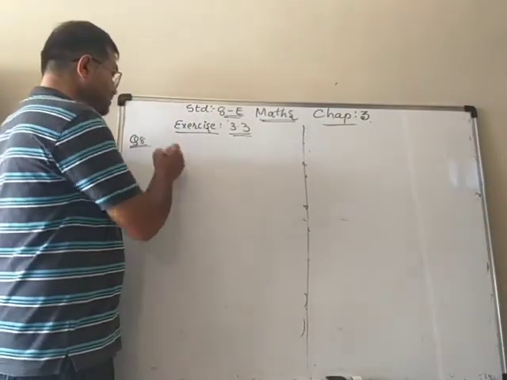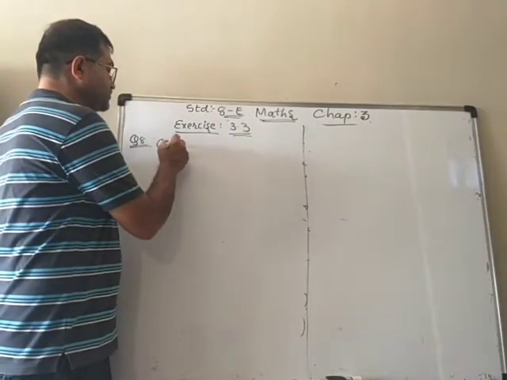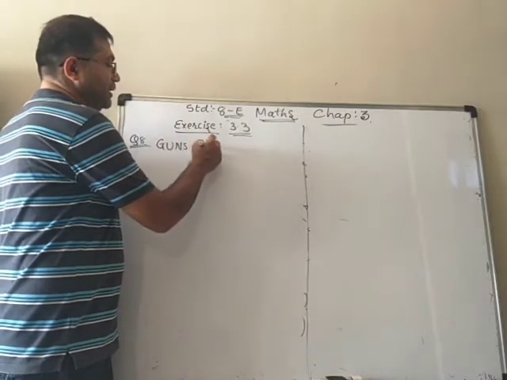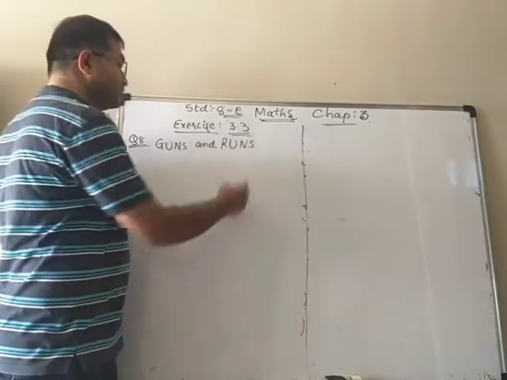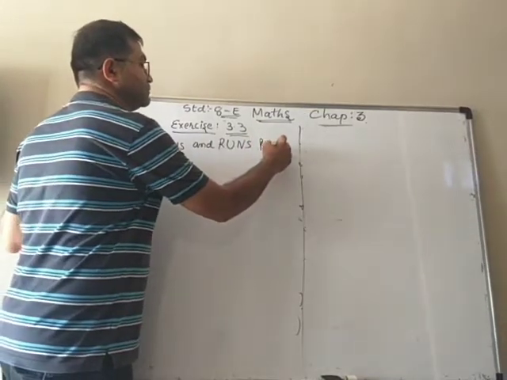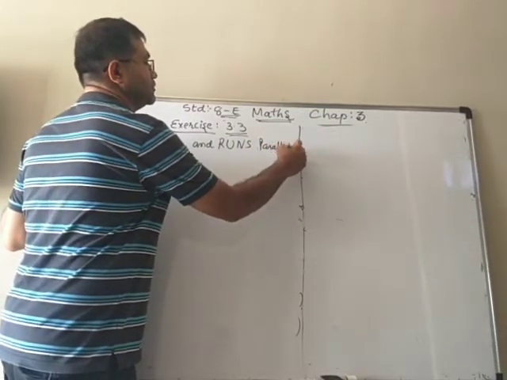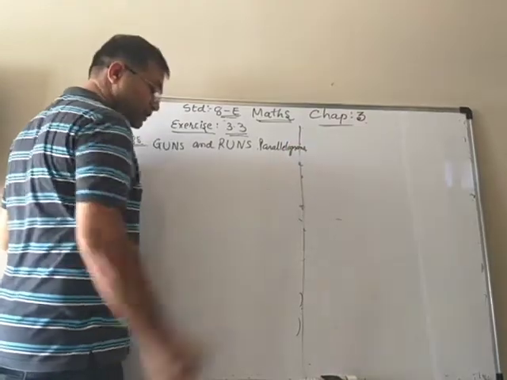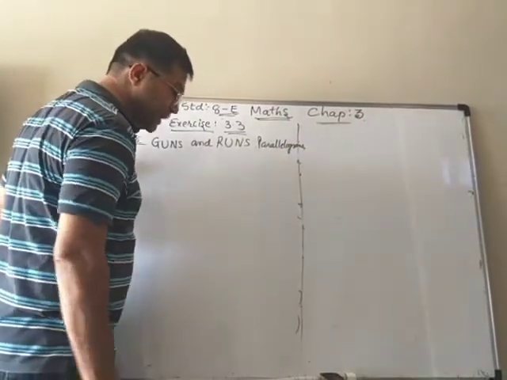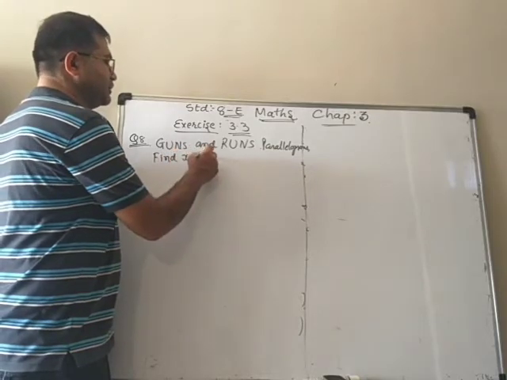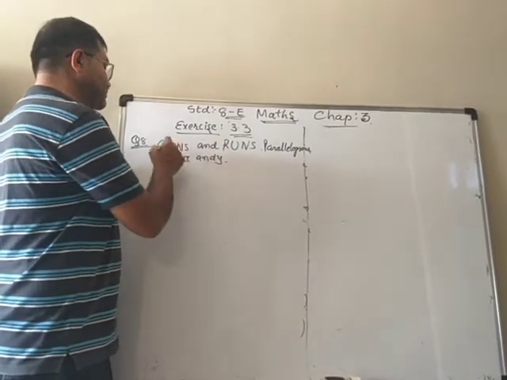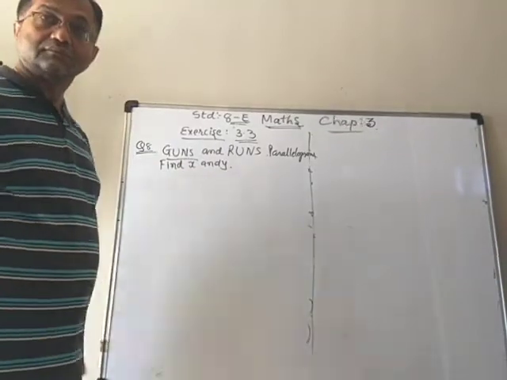Number 8. In which two figures, GUNS and RUNS, they are the parallelograms given. And then we have to find X and Y. So one by one we will take, first we will take GUNS.